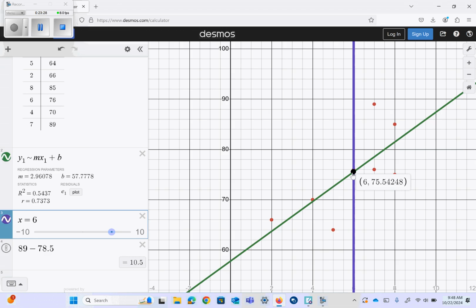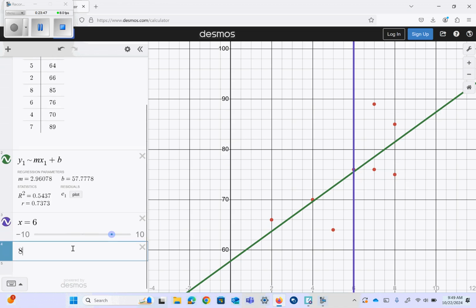So observed minus predicted. So my observed was 76.